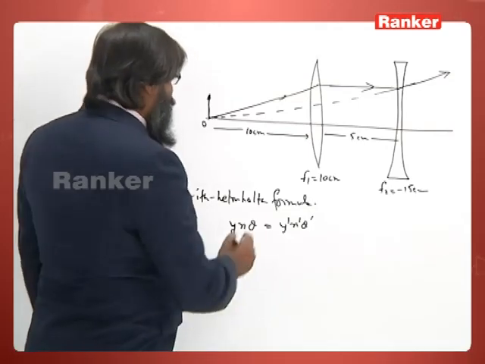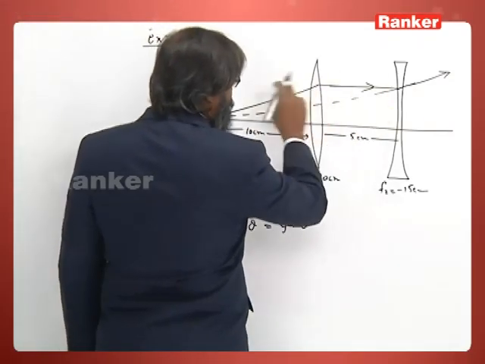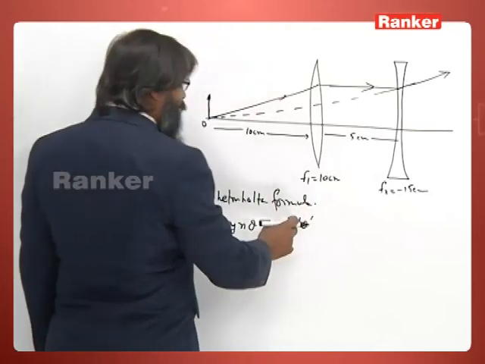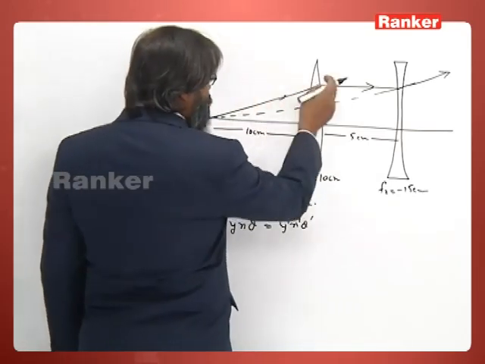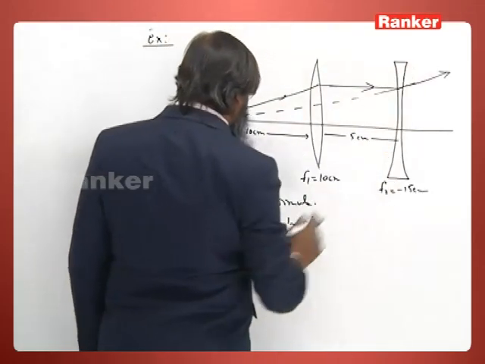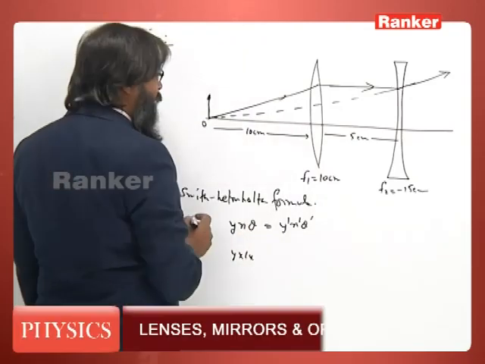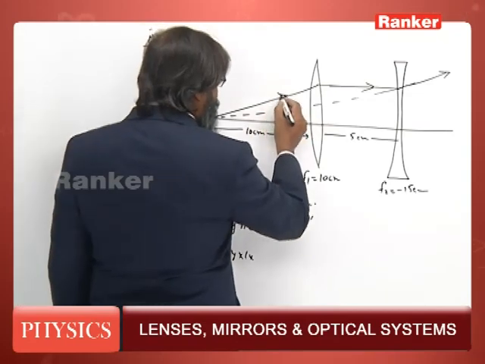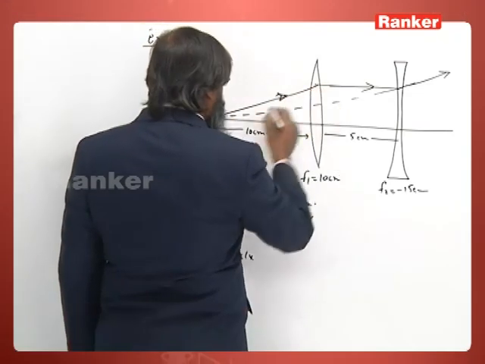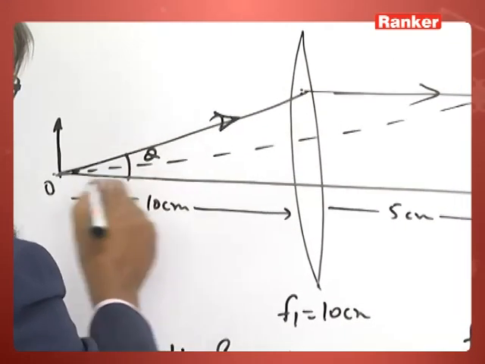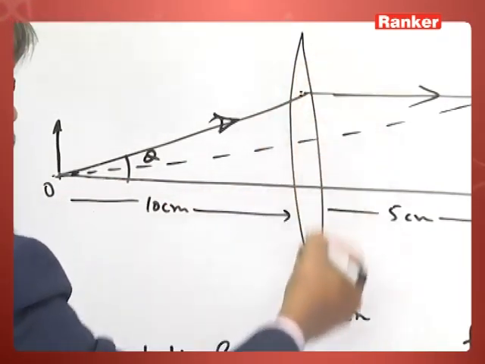So here all the media except these two have a refractive index different. So this is here 1, here 1, here 1, everywhere 1. So y is y into 1 into theta. Now suppose this is a ray, this is the incident ray. So how much is the angle subtended by this ray on this lens system?